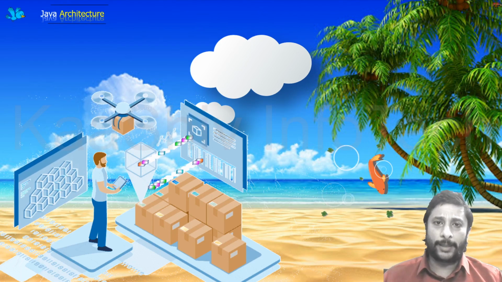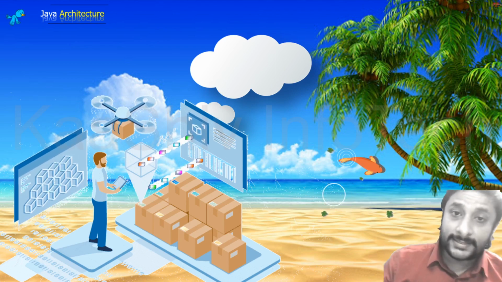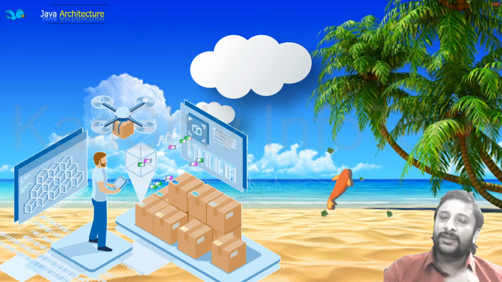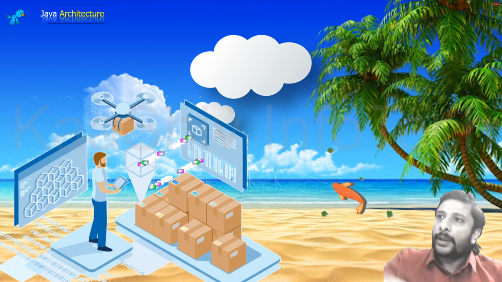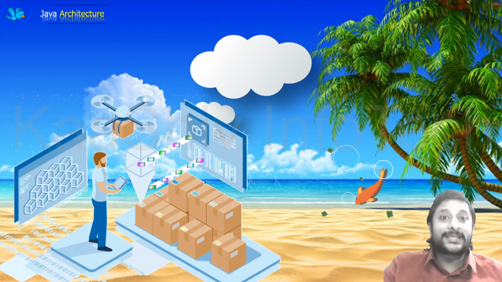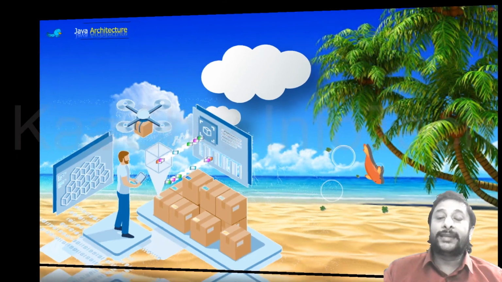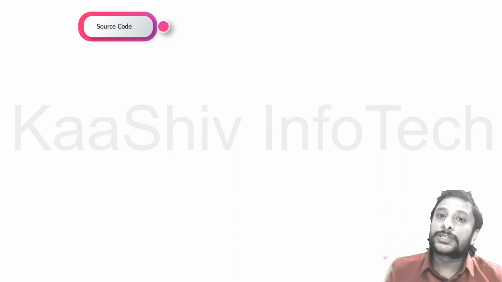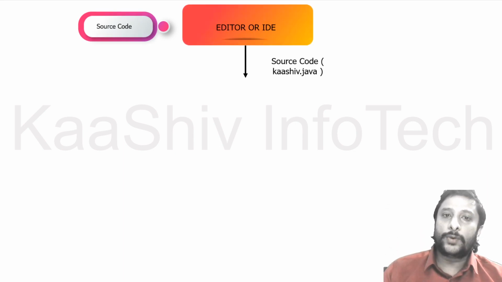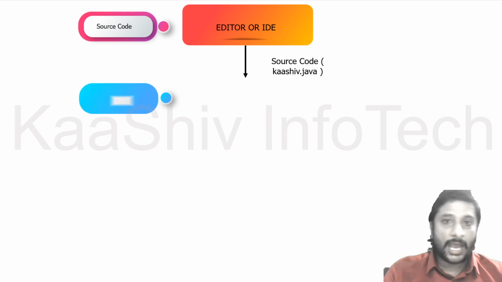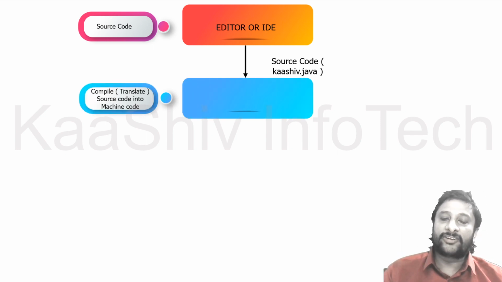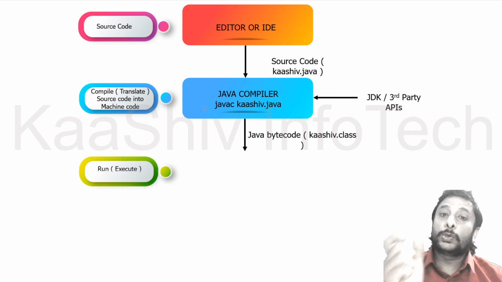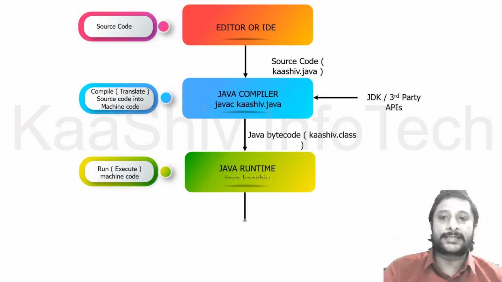I want to write a program. The advantage of Java is that it's platform independent. What is platform independent? It's nothing but: once you write the program on any operating system, write once, execute anywhere. That's why it is really famous. It's because of the concept called the Java virtual machine. I have an editor where I write the Java program. I've written the Java program and it is compiled using the Java compiler. javac is the compiler.